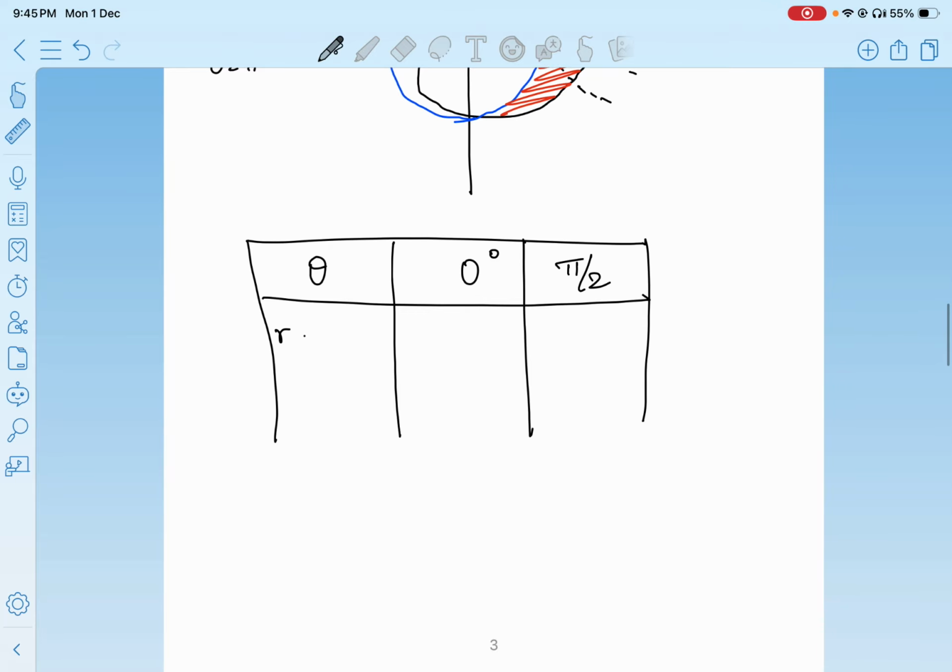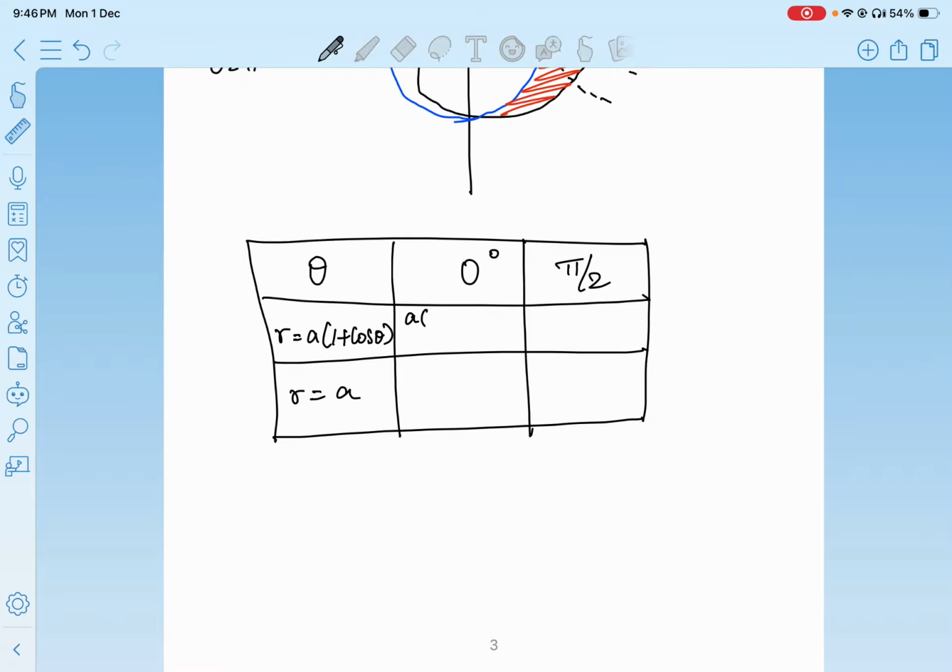What are the values we have? r equal to a into 1 plus cos theta and r equal to a. For cos theta, I am going to apply 0. The value of cos 0 is 1, so it will become 2a.